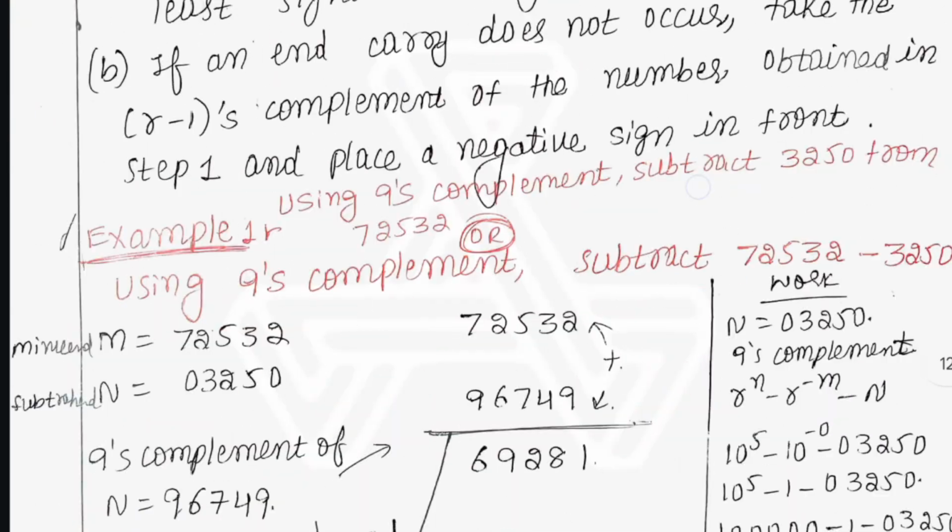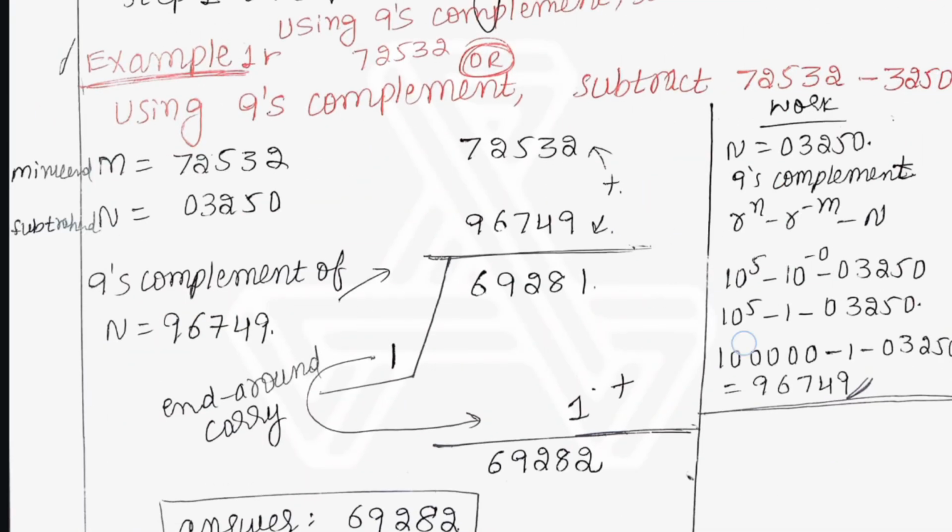Here we have seen this. The 9's complement of n is r power n minus r power minus n minus n. It is 10 power 5 minus 10 power minus 0, where 10 power 0 is 1, minus this number 3250, which gives us 96749.